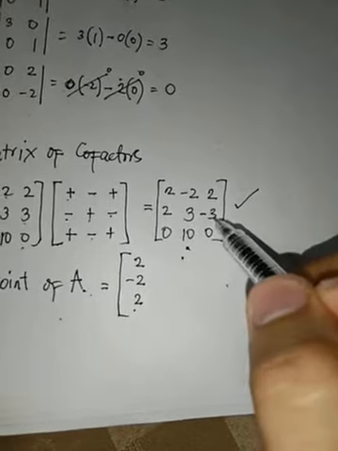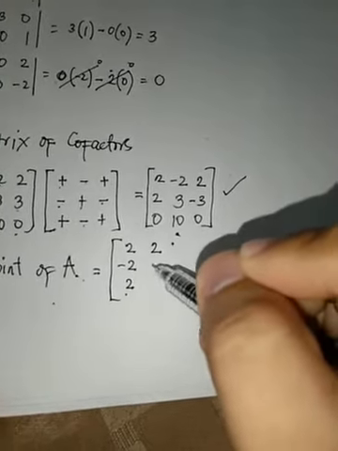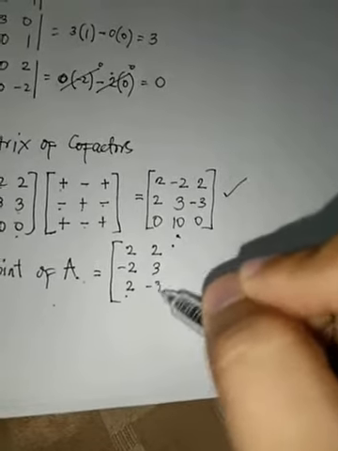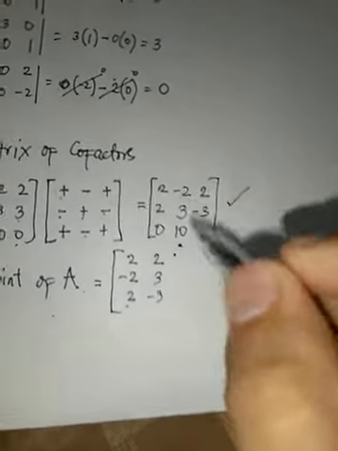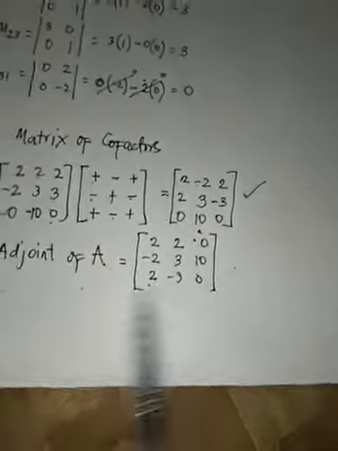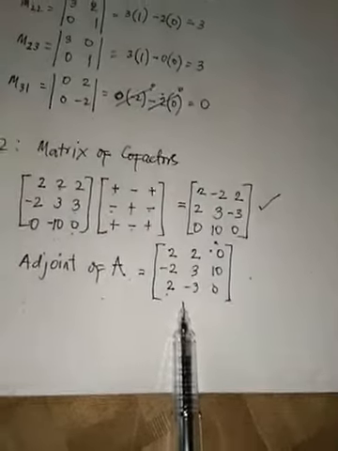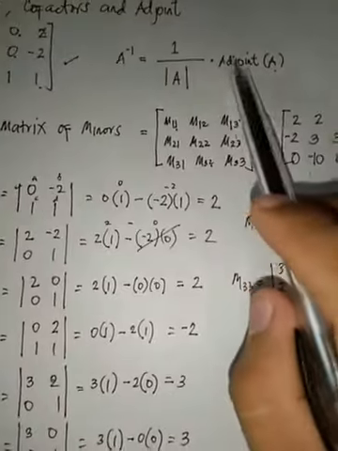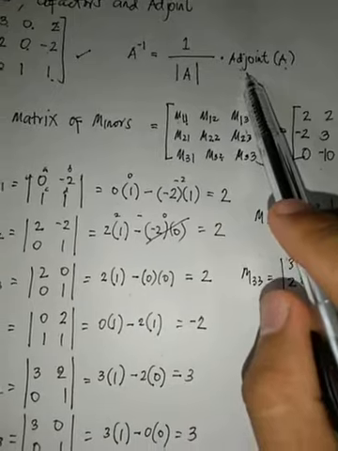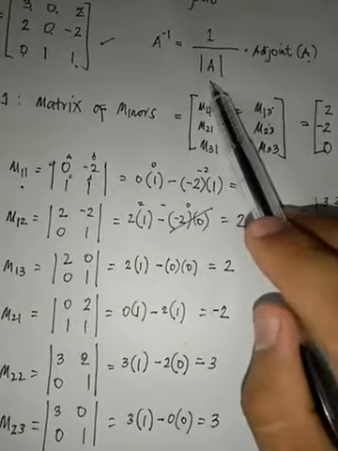Then, sa second row, gawin mong second column. So, 2, 3, negative 3. Ang third row, gawin mong third column. So, 0, 10, 0. So, ito na yung ating adjoint of A. No? So, ito, ilagay mo ito dito. Yan. Okay.